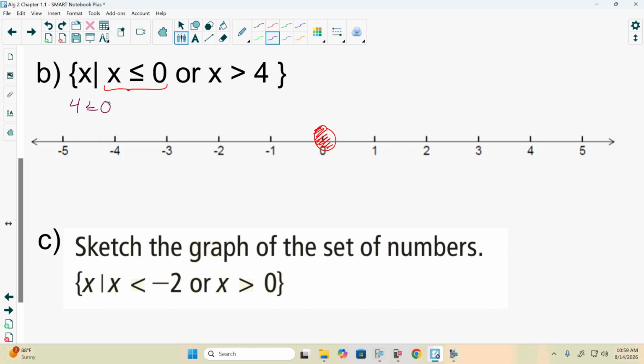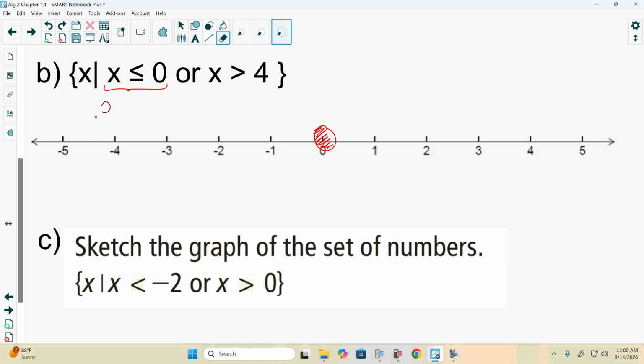Is 4 less than or equal to 0? Well, no, because it always points towards the bigger number, yes? 0 is not bigger than 4, so can we say this is a true statement? No, this is not true. If it is a true statement, we shade that direction. If it's a false statement, we're going to shade the other way. We're not going to include it in the shaded region.